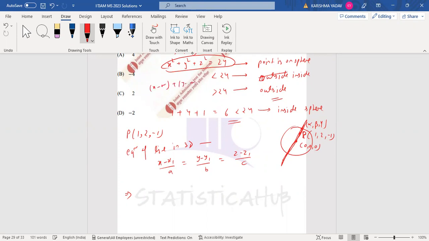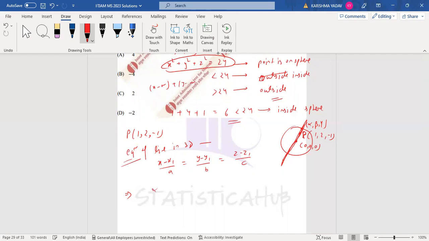So from the equation of the sphere, I got that the sphere is centered at (0, 0, 0). If you know the equation of a sphere, you will easily recognize that.